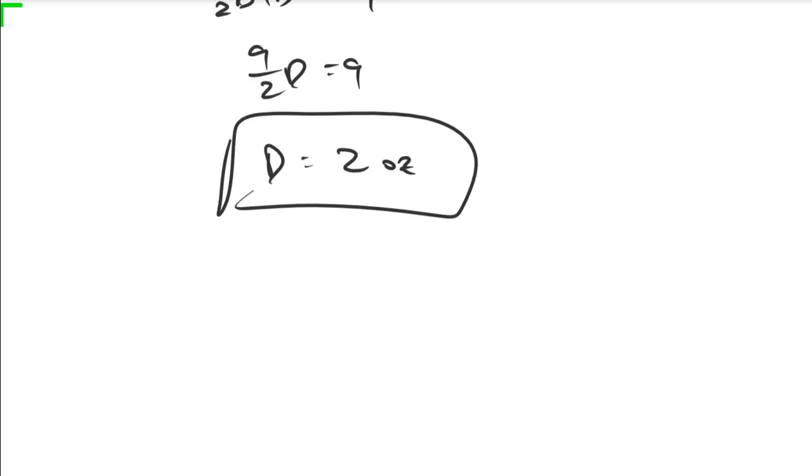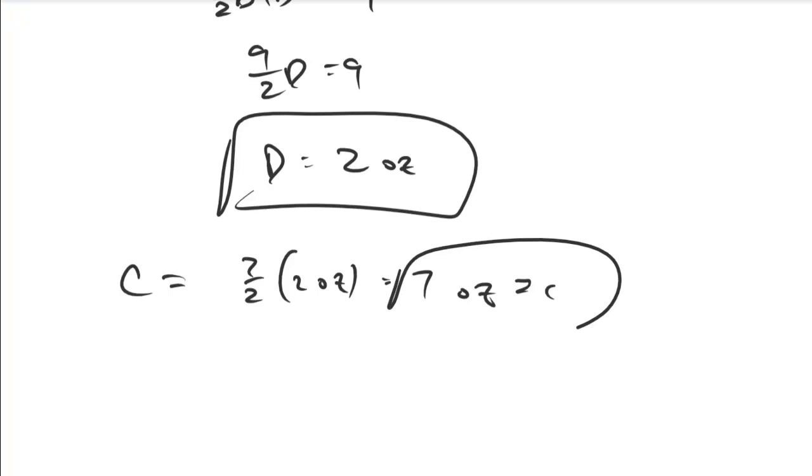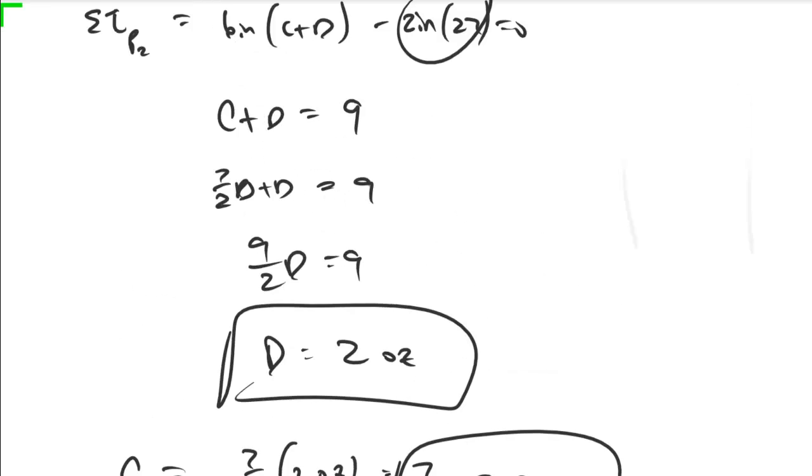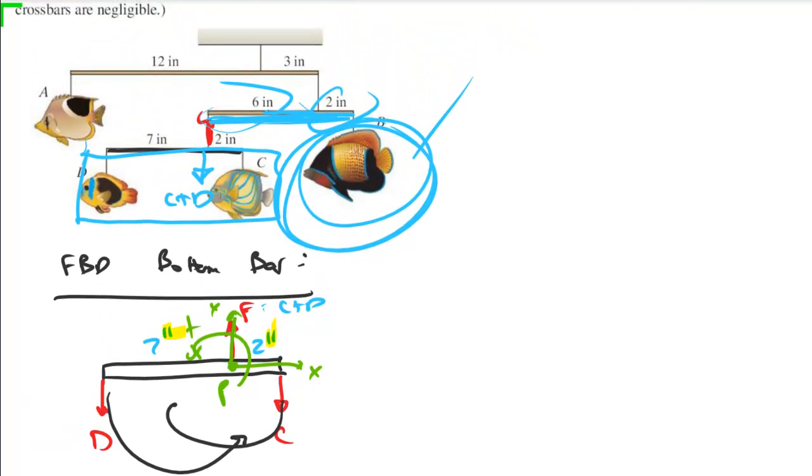And then actually, we can find C now, because C is equal to 7 halves of 2 ounces. So that's equal to 7 ounces is equal to C. And we're just able to solve things quickly now. So fish C is 7 ounces, fish D is 2 ounces, and we still need to know fish A, right?